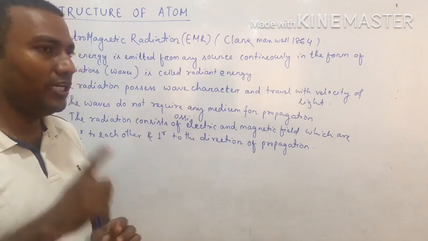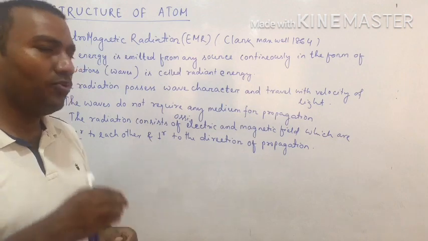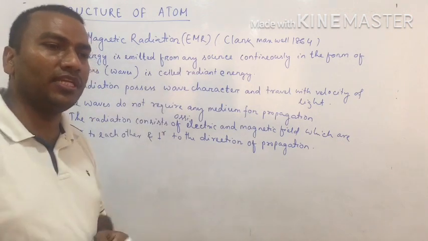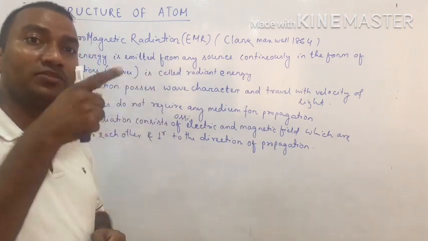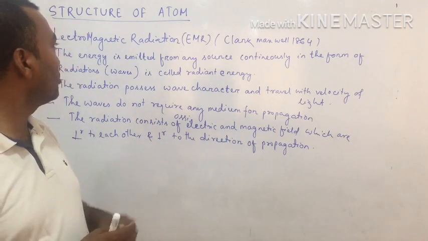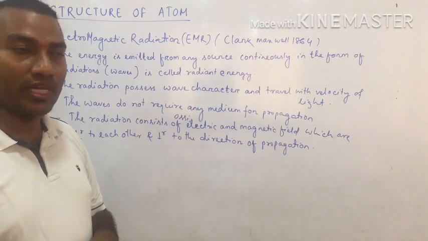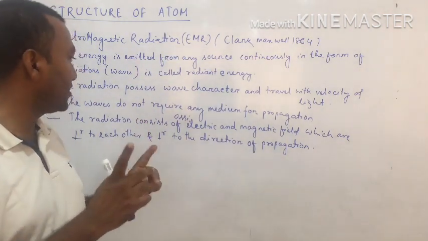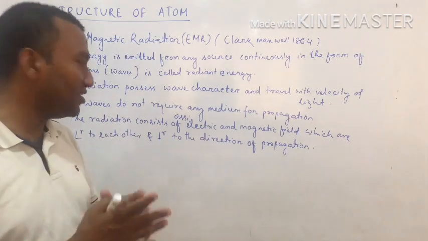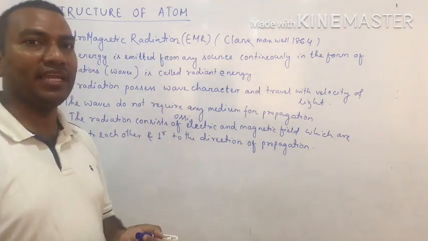Understood? So electron is negatively charged, nucleus is positively charged. When the electrons are revolving around the nucleus, automatically it loses energy. This loss of energy is called radiant energy or radiation. This radiation consists of both electric and magnetic field.